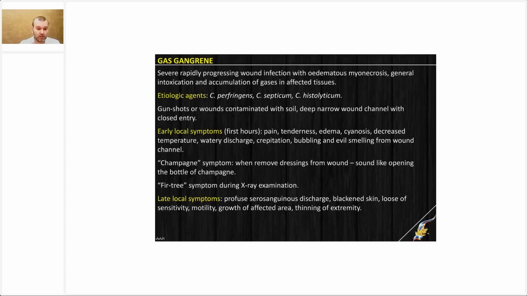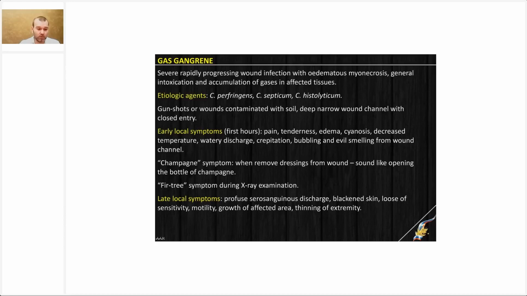So in the late local stage, symptoms will become worse, but they will still be located near or around the wound. Skin will become blackened, and discharge will become more profuse and more awfully smelling.